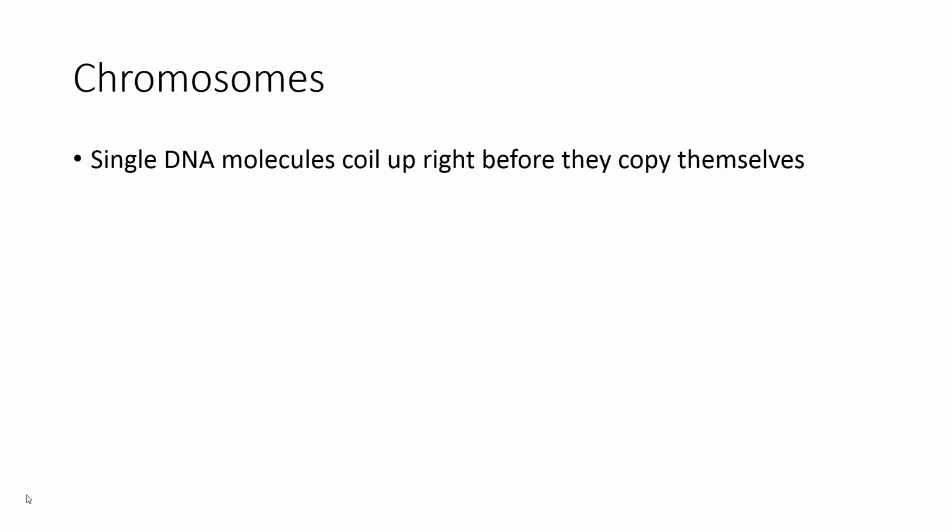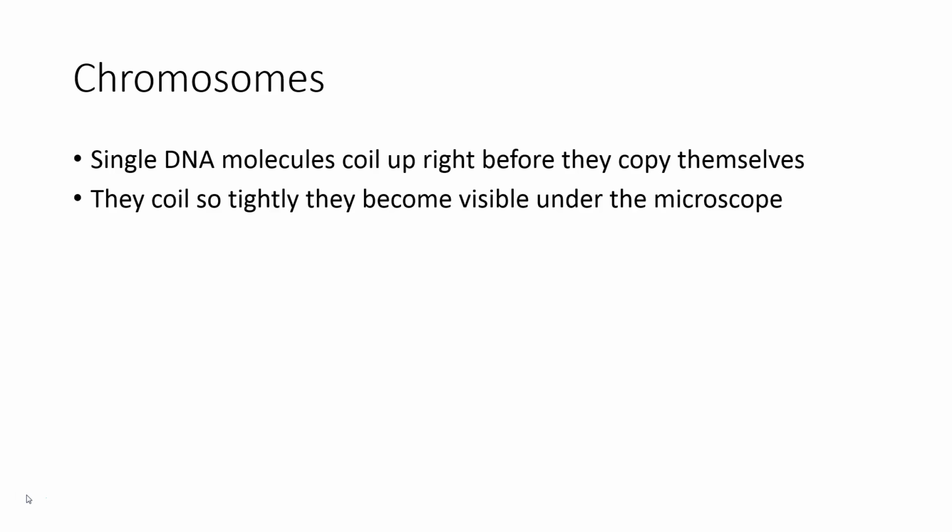Now, single DNA molecules are normally not visible to the naked eye, not even visible under a microscope. They're just too thin and long and diffuse to be seen. However, they coil up right before they copy themselves. They wind up on top of themselves.